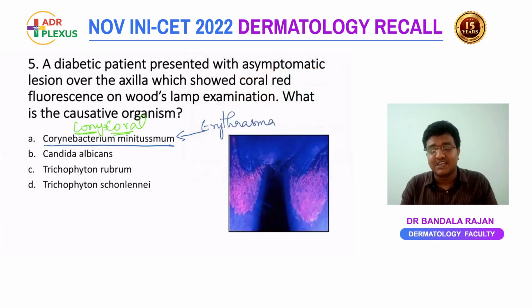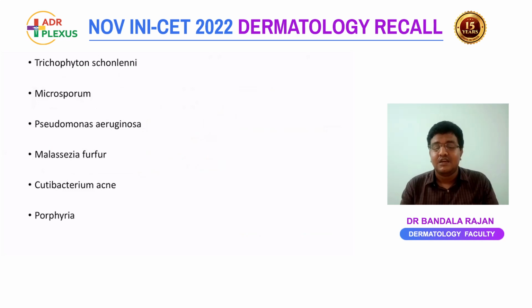The other options given are Candida albicans, Trichophyton rubrum and Trichophyton schoenleinii. Actually, Candida albicans and Trichophyton rubrum won't cause fluorescence in Wood's lamp. Trichophyton schoenleinii we will see in a later slide. In Trichophyton schoenleinii, it will show a dull blue fluorescence.